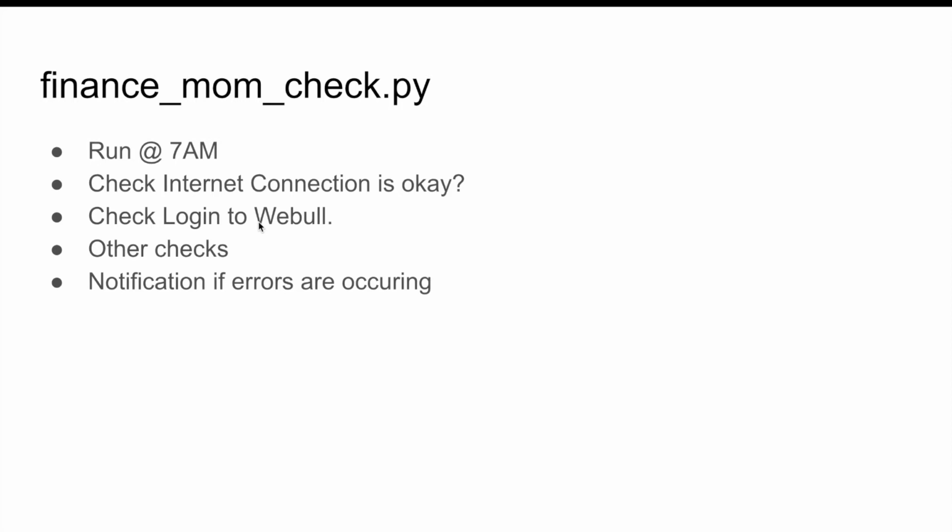If the account detail is returned, then the login is successful. If not, you can have the script notify you via email or any other way that the login has some errors, and you can fix it in time before the market opens.